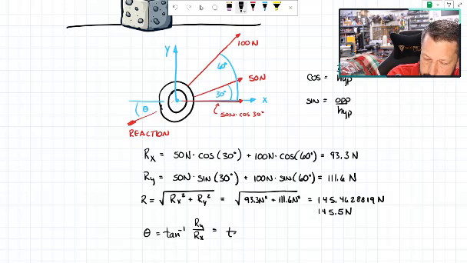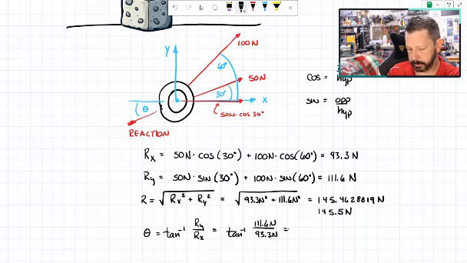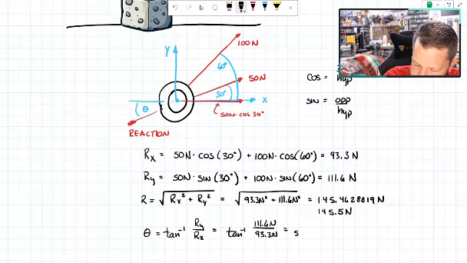So inverse tangent of Ry, 111.6, divided by Rx, 93.3. Inverse tangent of that is 50.1 degrees.